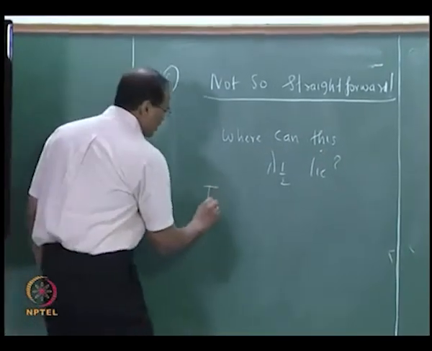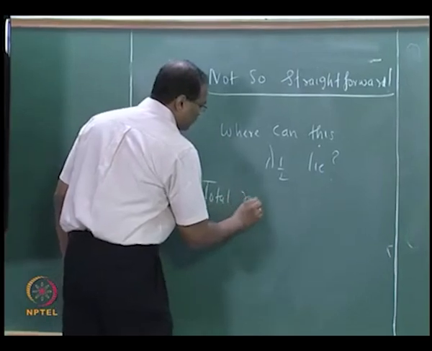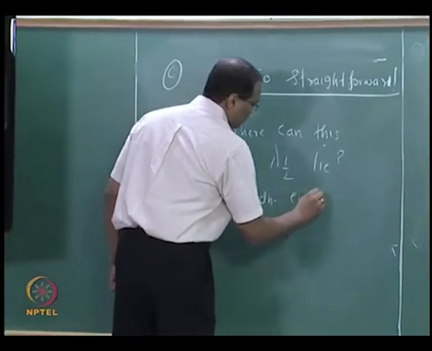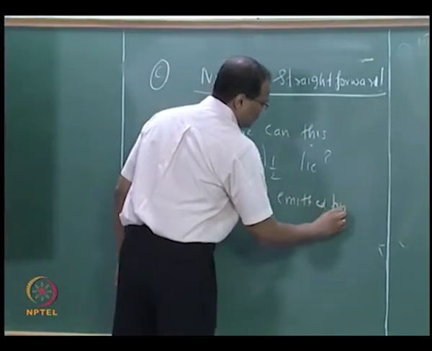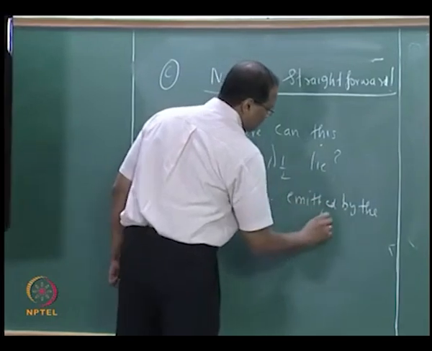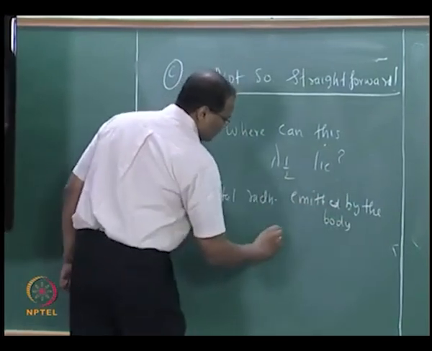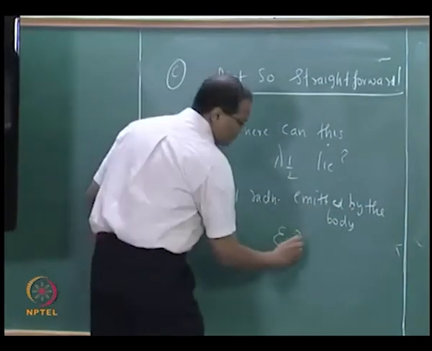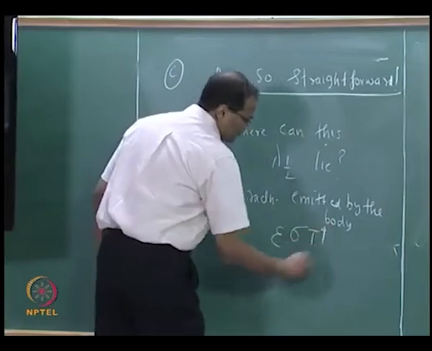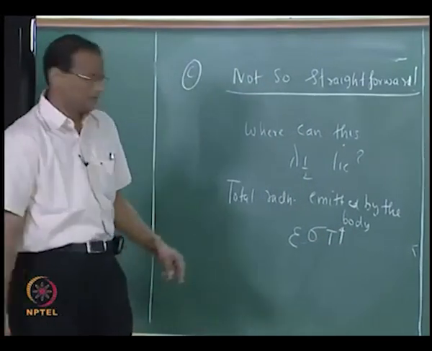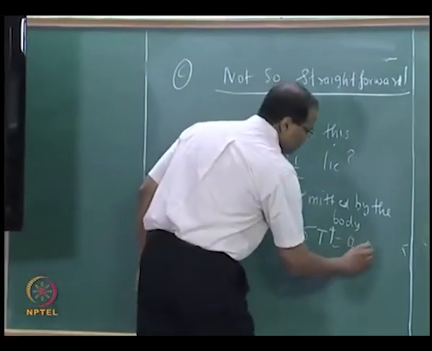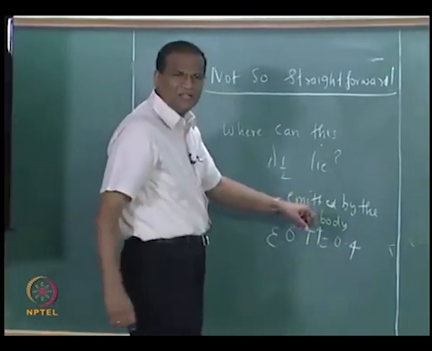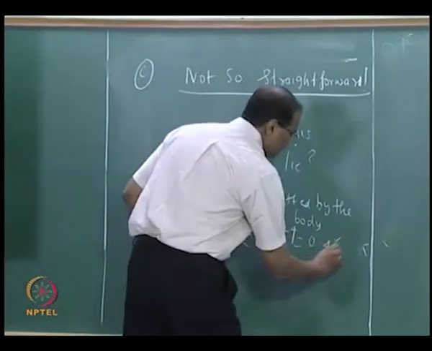The total radiation emitted by the body is epsilon times, correct? What is this? 0.46.